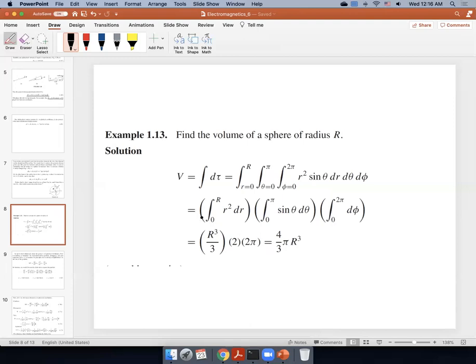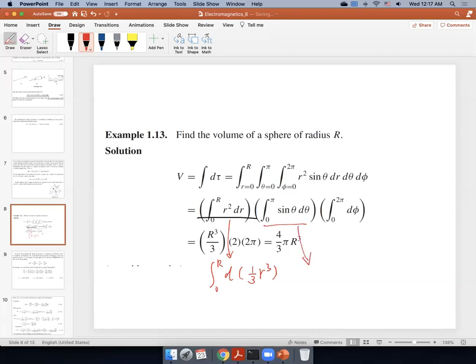Let's see, for the first term, let me change to another color to make it easier to read. Of course, it equals the integral from 0 to R of r squared dr, which is 1/3 of r cubed.